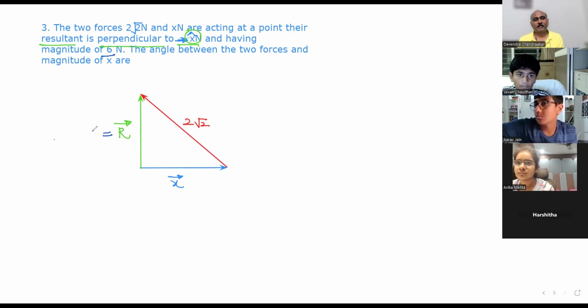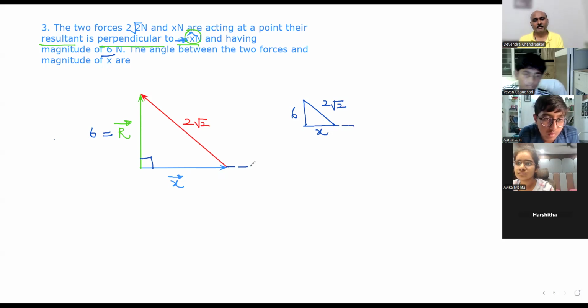So now, having magnitude of √6 Newton, this R vector has magnitude √6 Newton. Can you guys see what is happening? This is 90 degrees, using Pythagoras theorem. One side of the triangle is √6, the other side is 2√2, the other side is x. The angle between the two forces is what we want to find, and we also want to find the x value.